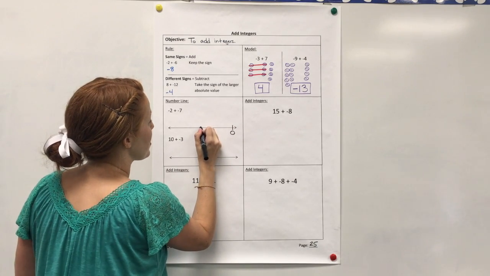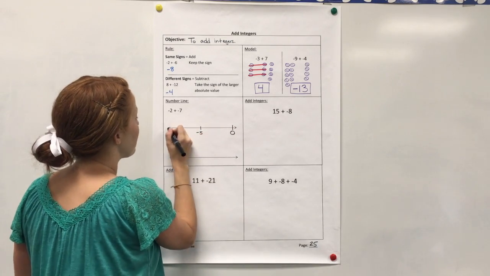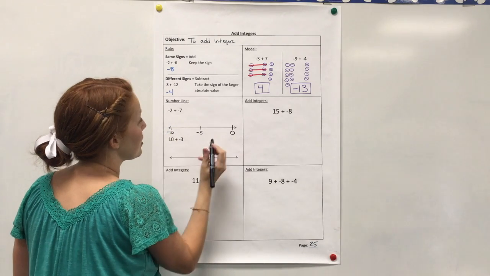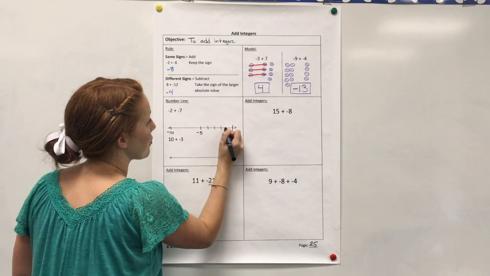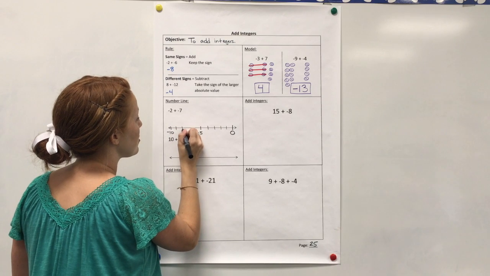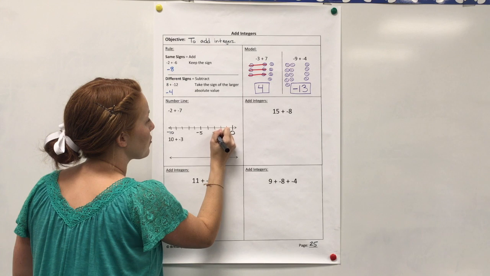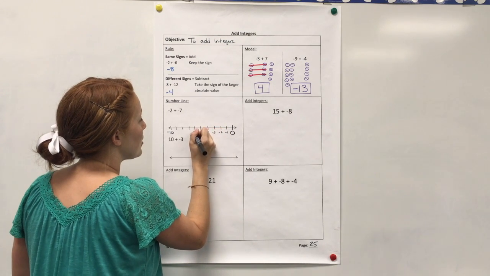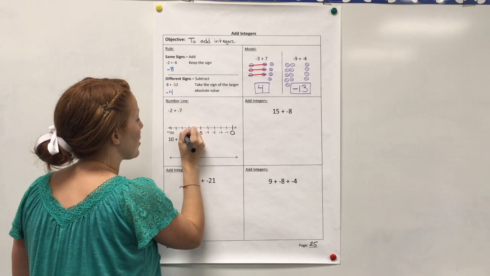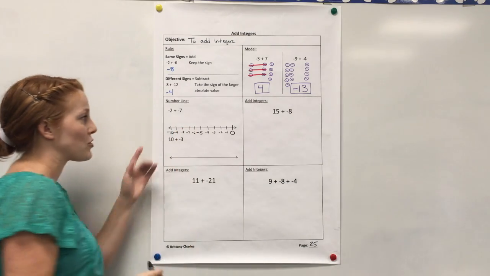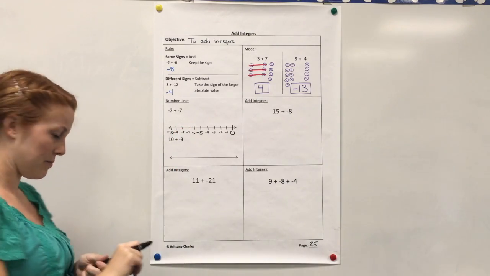So let's see, this would be negative 5, negative 10, 1, 2, 3, 4, 1, 2, 3, 4. So negative 1, negative 2, negative 3, negative 4, negative 6, negative 7, negative 8, negative 9. Okay, so make sure you've labeled your number line like that.